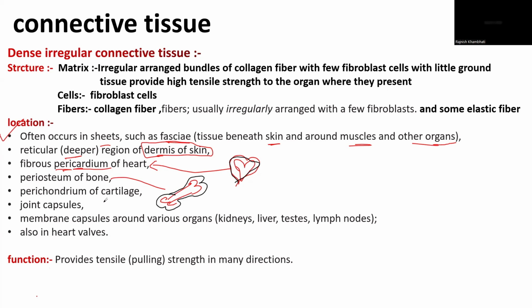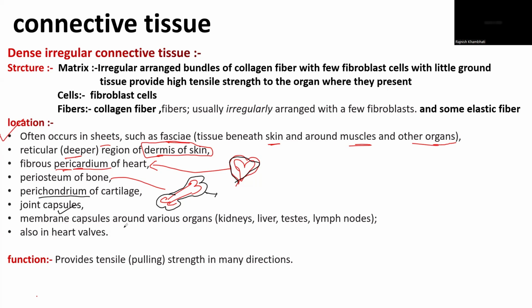Similarly, perichondrium. Chondrium means cartilage. So cartilage is also laminated by such sheath-like material, which is perichondrium, present in joint capsules in your joints.